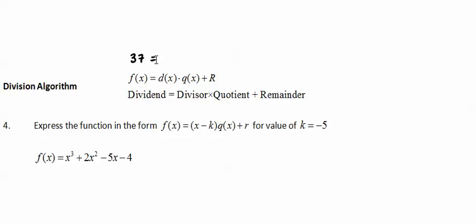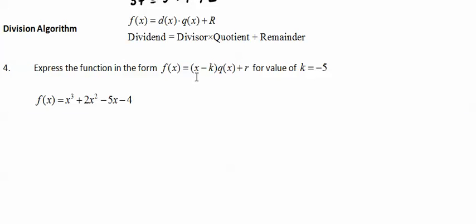That's what I started with. I divided by 5, and I got a quotient of 7 with a remainder of 2. Right? 5 times 7 is 35 plus 2 is 37. We want to do the same thing with our function. The starting function is equal to the divisor times the quotient plus the remainder.